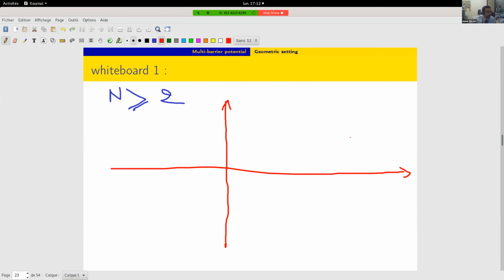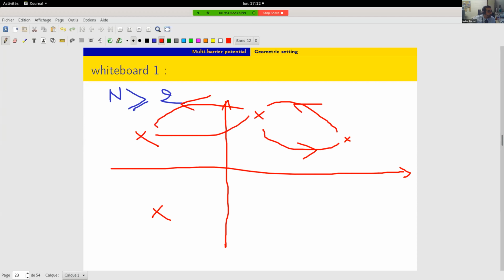You have some place where V(x) equals 0, and you have some trajectory from side to side, and so on.